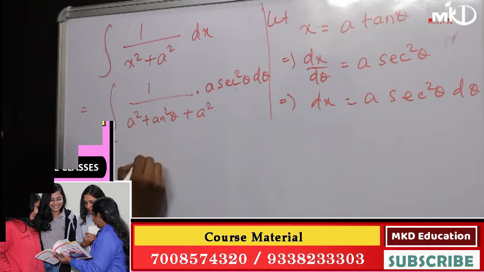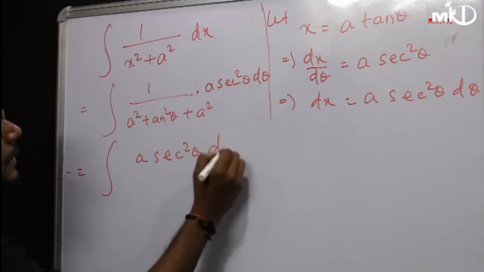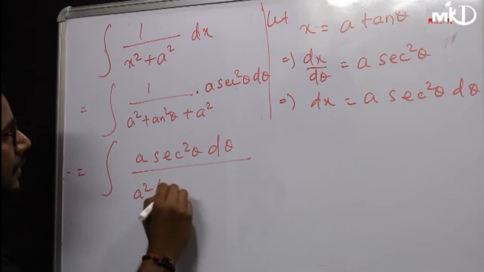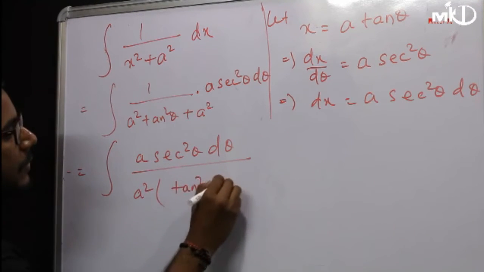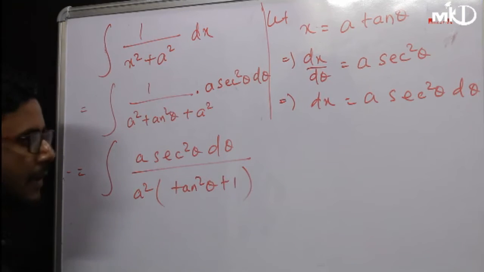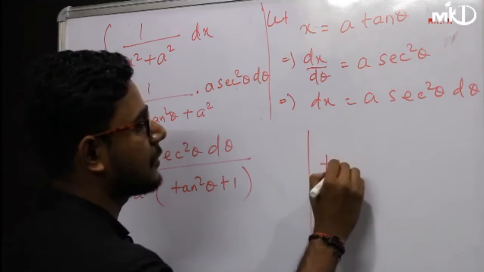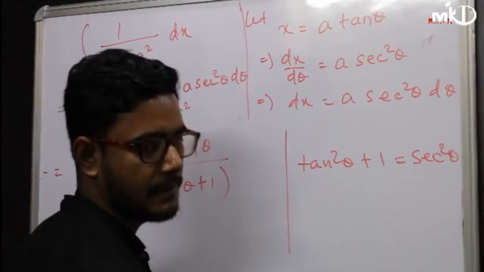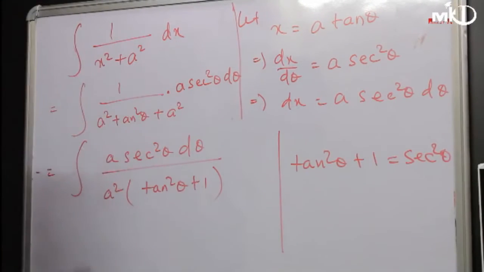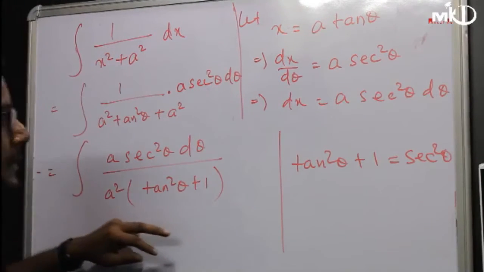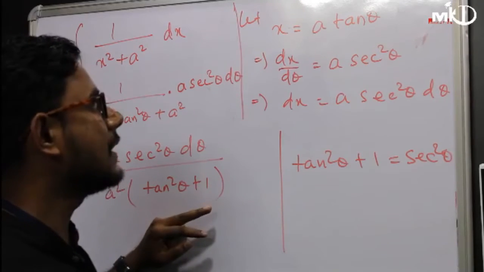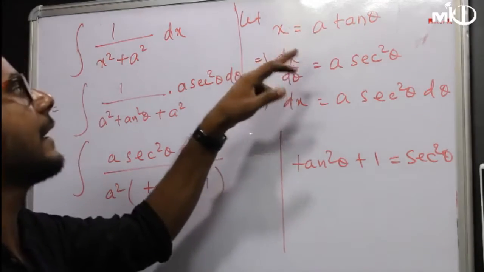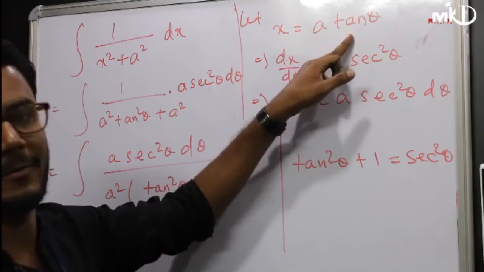So this will become a sec square theta d theta divided by a square, and if we take it common, tan square theta plus 1. And what do we know? Tan square theta plus 1 will be sec square theta. So actually, if we think once, then you will understand why we are taking this substitution, why we are taking x equal to a tan theta.